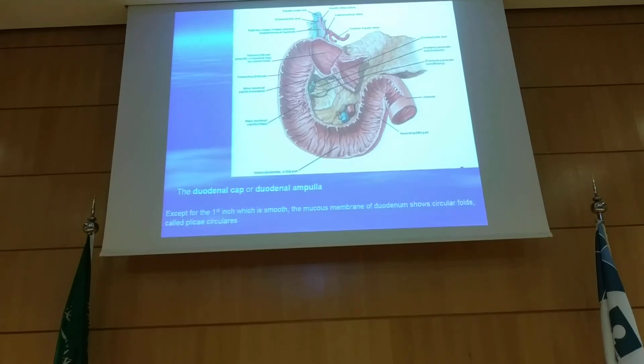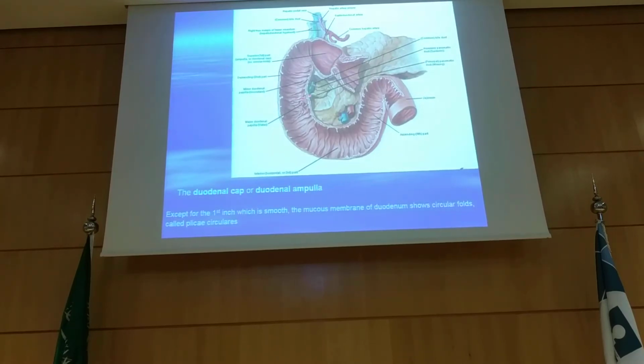We ask the patient to drink something white, barium, and we start taking pictures and see if barium will show us the contour, will show us if there are ulcers or not. So the first part of the duodenum or the duodenal cap is going to be smooth, and then we're going to have these mucosal folds. We call them plica circularis, mucosal folds. So the barium will be broken. It will not have a smooth outline.